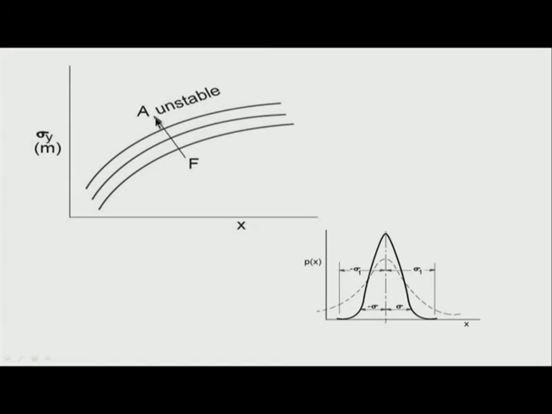And therefore, you have A unstable, you have sigma y, and what is going to happen as the puff or the steady release keeps increasing in distance? Well, initially it has a small dispersion coefficient, and thereafter it diffuses, comes over here, the value of sigma increases, it goes still further, the sigma value increases, and this is how the standard deviation or the dispersion coefficient changes.